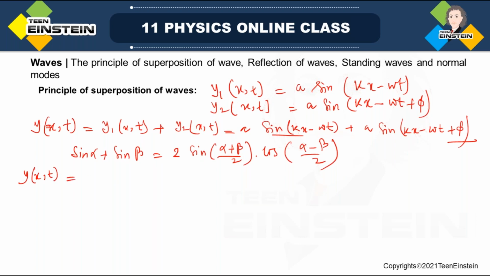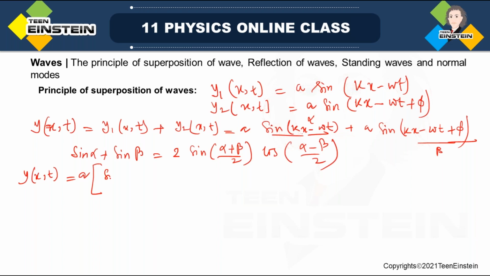So for the resultant displacement, if we use this trigonometric identity, a will be coming out anyway. Suppose this is alpha and this whole thing is beta. So first will be alpha plus beta by 2. What is going to happen? kx, all of them will be twice, and this will be only 1.